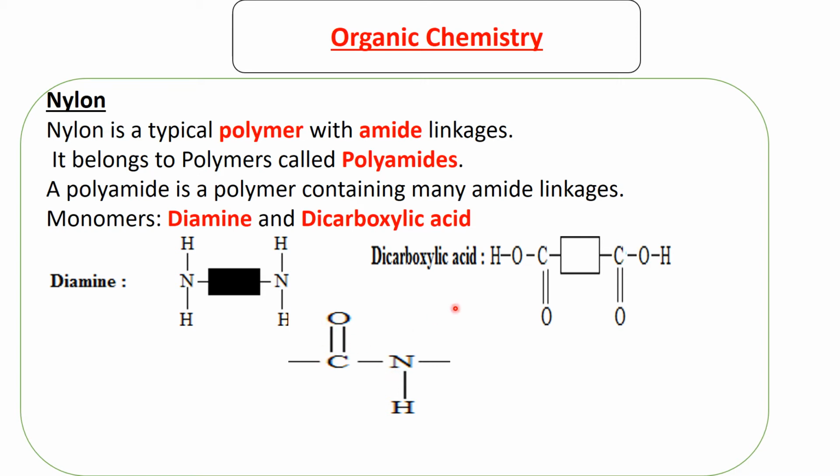This part is coming from here and this part is coming from here. The fact that diamine gives out the H and dicarboxylic acid gives out the HO, the OH and H form water, hence condensation polymerization. So this is the amide linkage which connects two monomers for nylon.